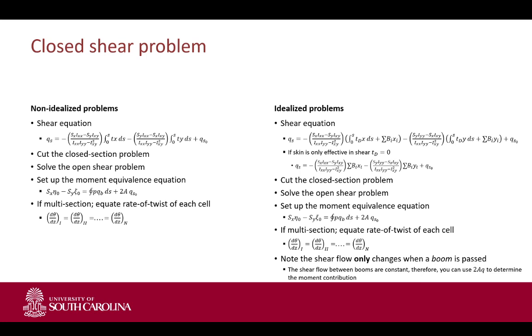To make our life a bit easier, we can split that closed section into an open section, and then we can add a correction shear flow to it. The correction shear flow can be set up using a moment equivalence equation. We say that the moments caused by the external shear forces around point A must be equal to the moments caused around that same point A by the internal shear flows.